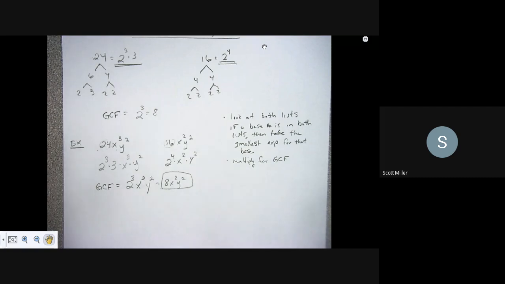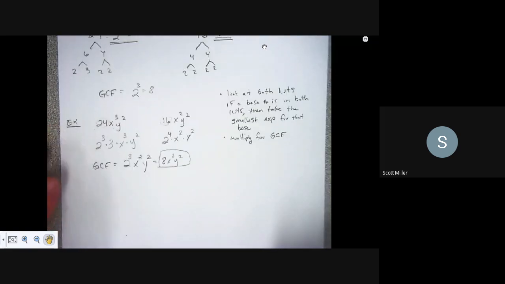This GCF technique, or finding the GCF, is the very first step for every factoring problem that you do. You have to see if there's a greatest common factor every single time. Before you do anything else, you look to see if it has one. If it does, you factor it out.